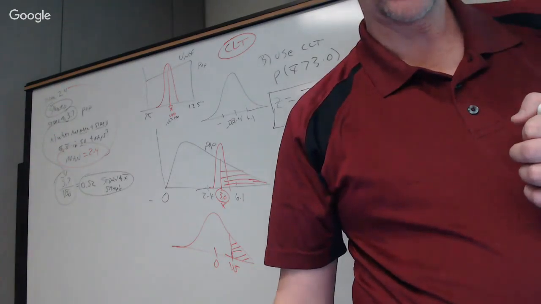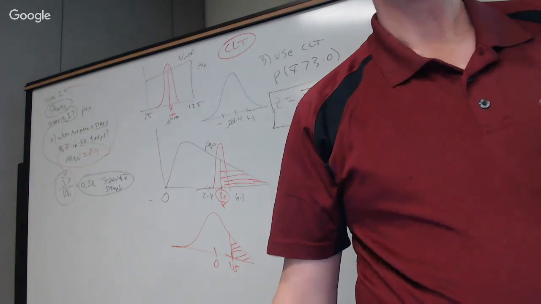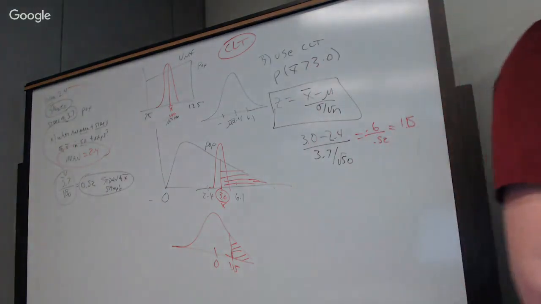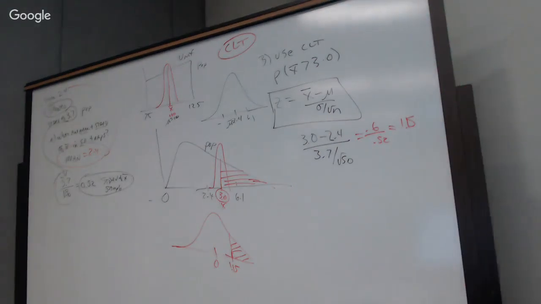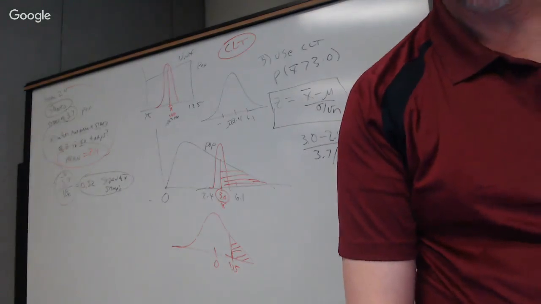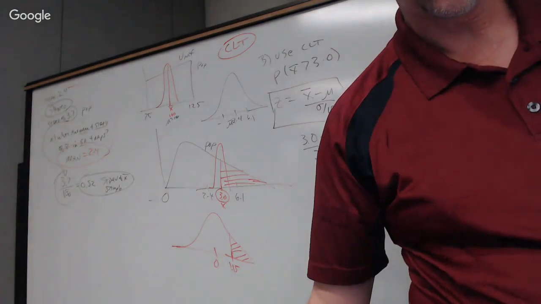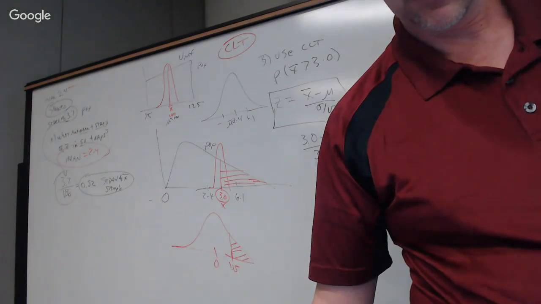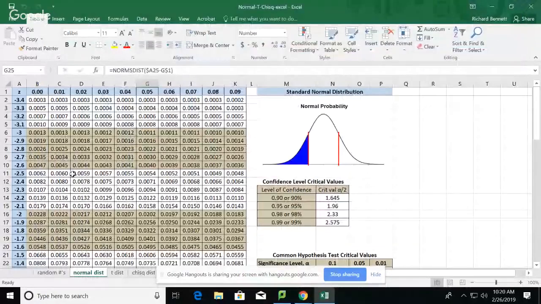Okay, so if I'm using the table, how do I use this table? I'm doing a written test, because you're going to get a different answer depending on whether you do the written or the computer test. Am I sharing, by the way? I'm not. Let's share. Okay, now I'm sharing.